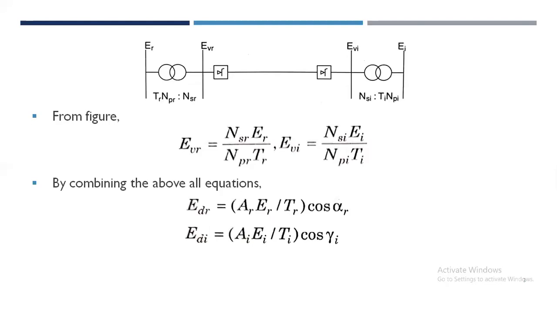It is to be noted that EDI is defined in terms of extinction angle gamma I rather than beta I. Beta I is the angle of advance in the inverter.